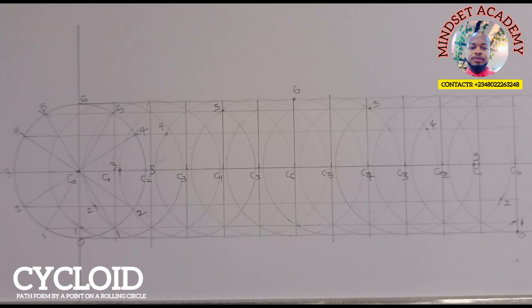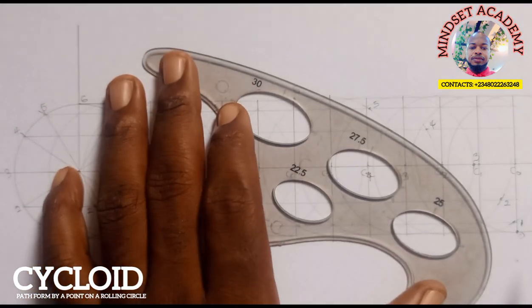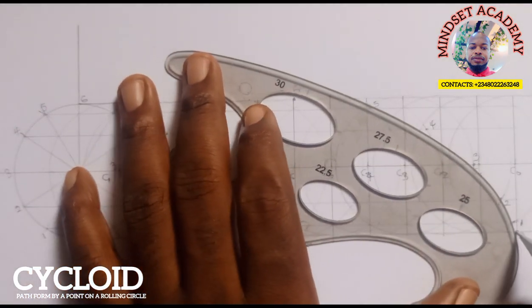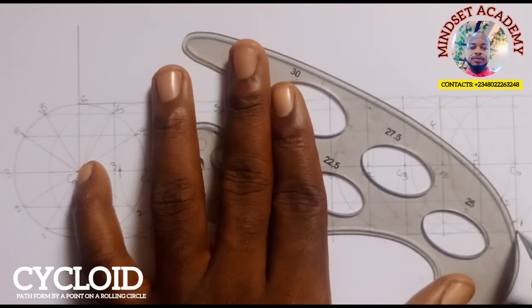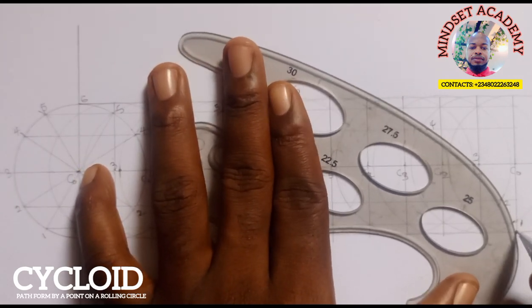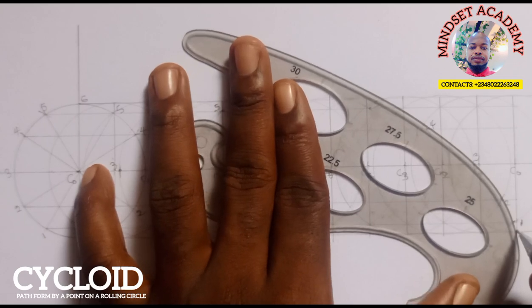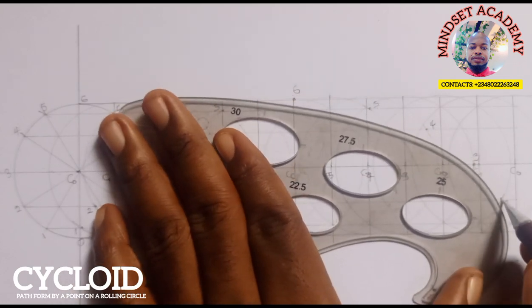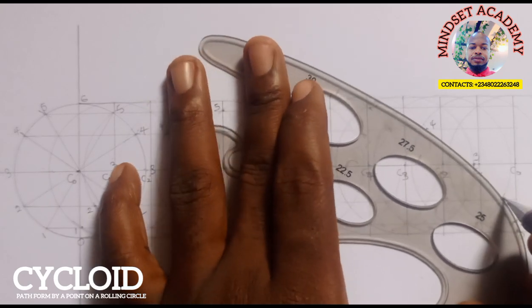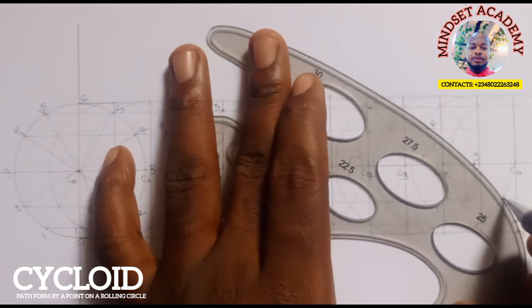So let's do that. How we use a French curve. So take 3 points at a time. Remember this and this. And just take 3 points at a time. Right? So just do this.